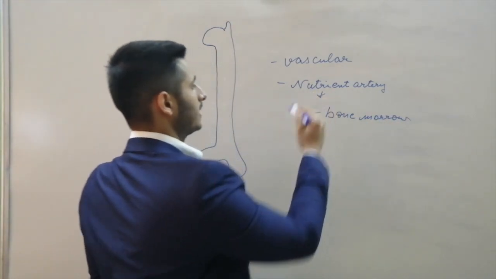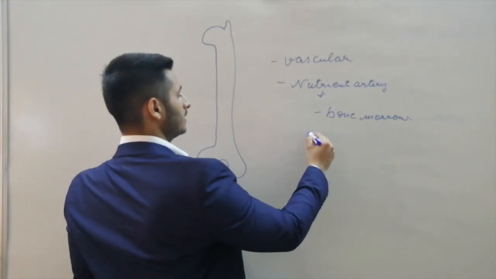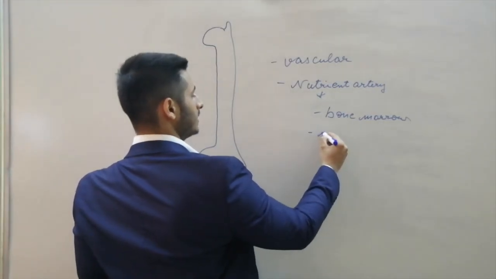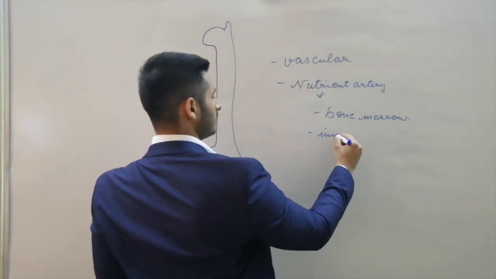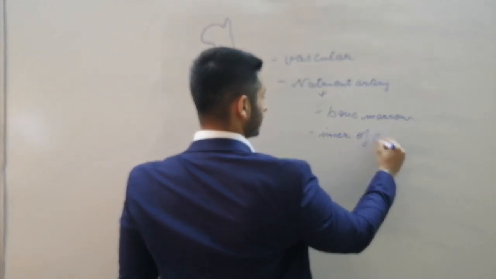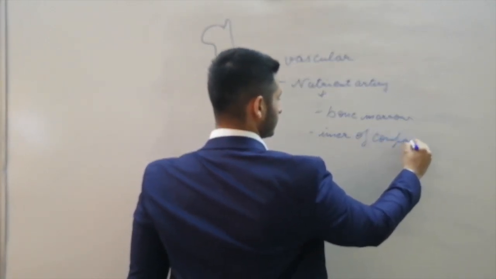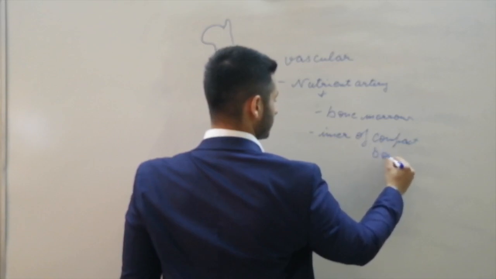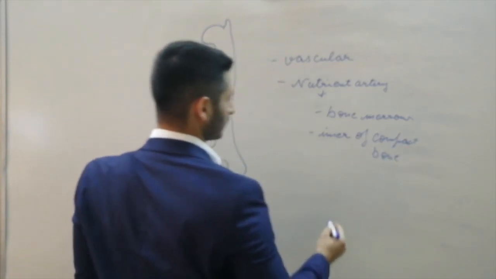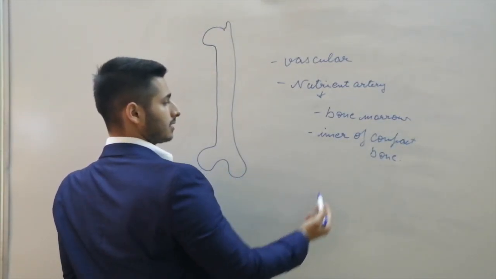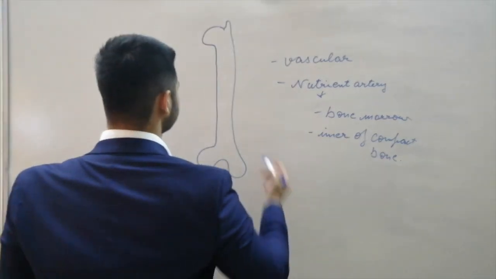Bone marrow is supplied by the nutrient artery. It also supplies the inner compartment of the compact bone.